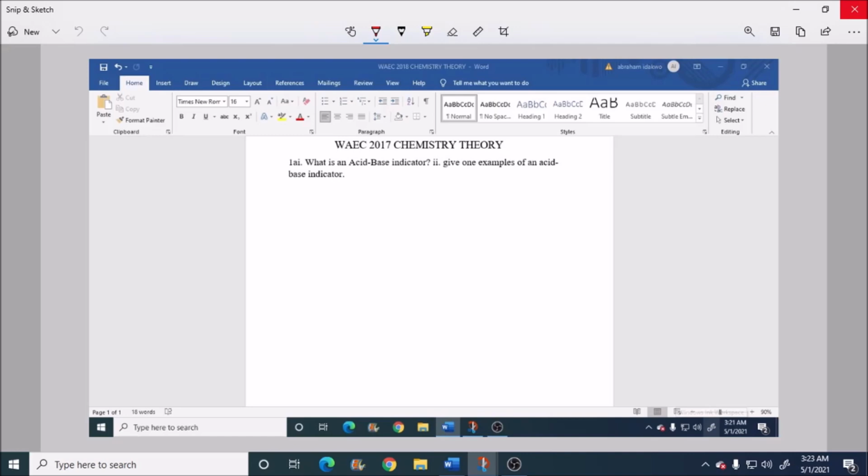We have phenolphthalein, methyl yellow, methyl violet, litmus paper or solution, and bromothymol blue. So we can just pick any one out of the listed indicators.